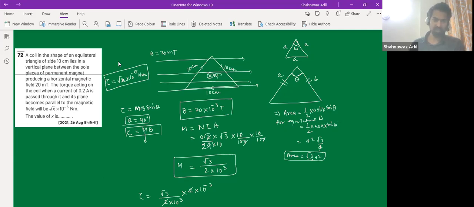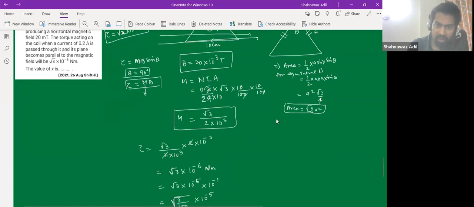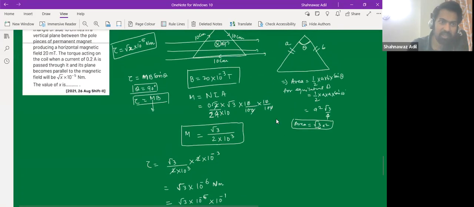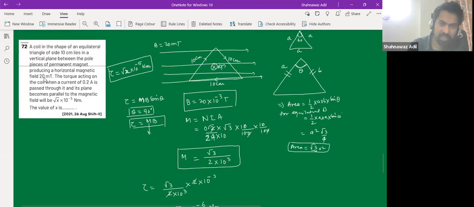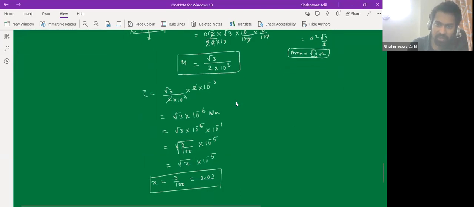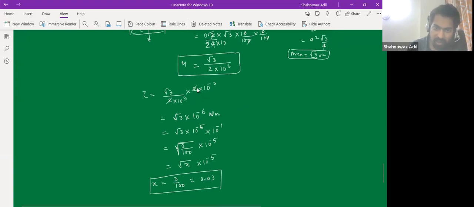I've made a calculation mistake somewhere. Where have I made this calculation mistake? Yeah, so this is 20, right? This is 20 millitesla. So 20 into 10 to the power minus 3. So this is 20, right? So then this is 10. So then it becomes simple, right?